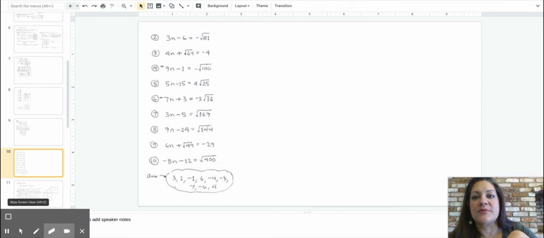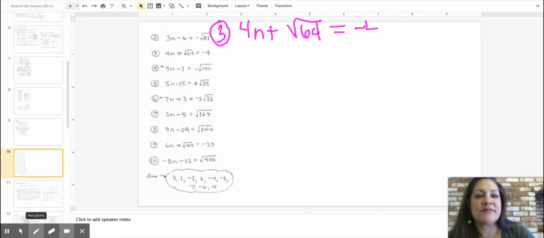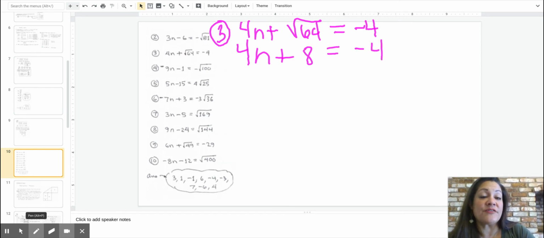Okay, number 3. Oops, there's my pen. Number 3, I have 4n plus square root of 64 equals negative 4. 4n plus 8 equals negative 4. Now I'm going to solve for n.